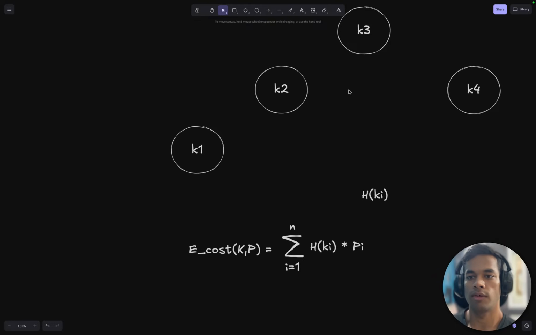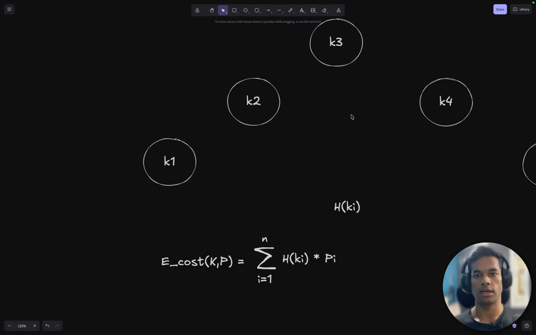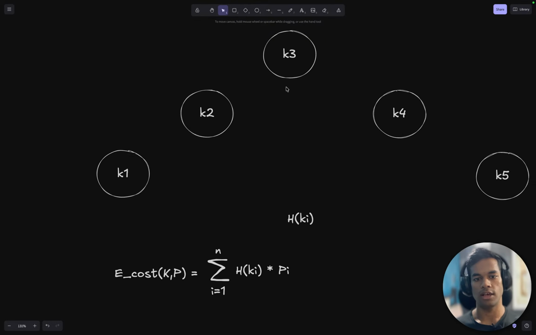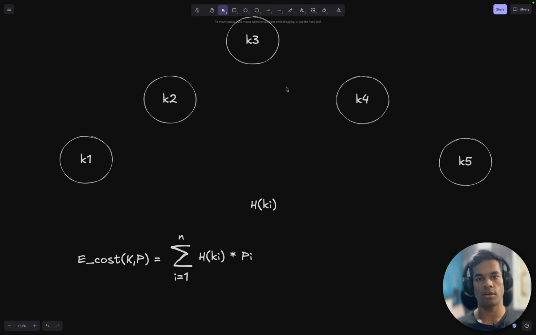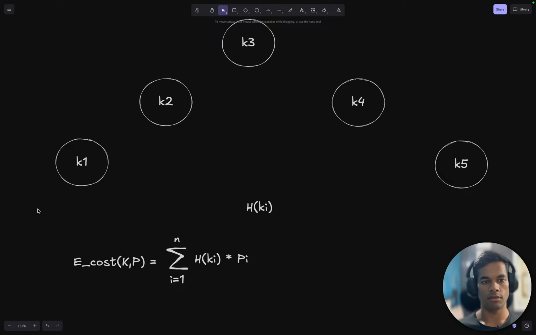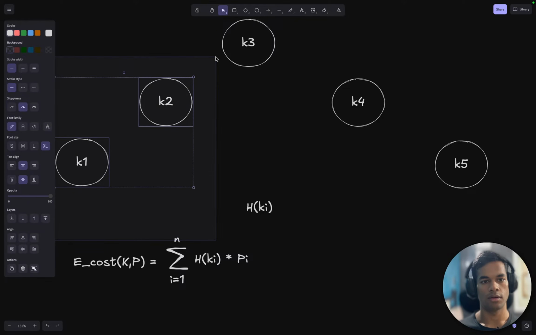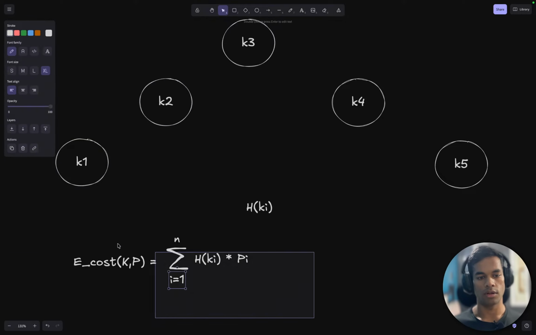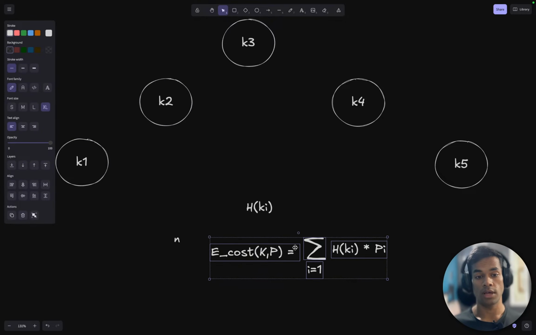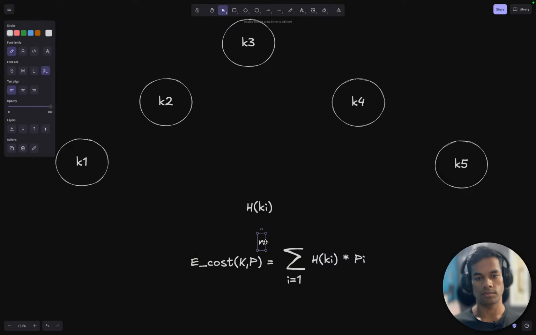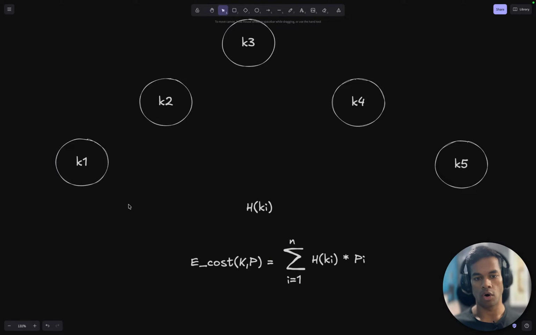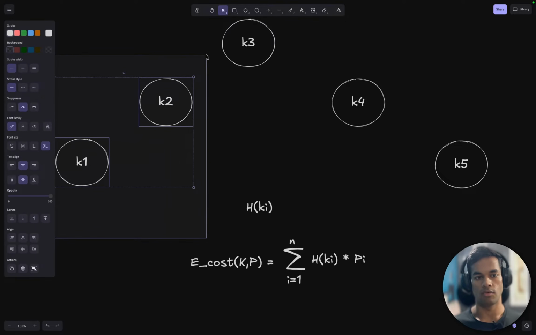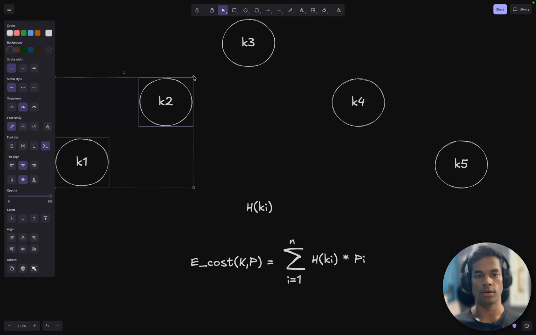Okay, so if we are saying that this is an optimal binary search tree, then this subtree that we have right here should also be optimal. Its cost should also be optimal when we are only considering K1 and K2.